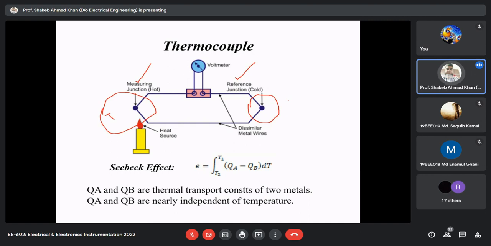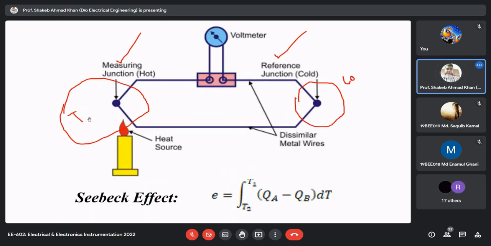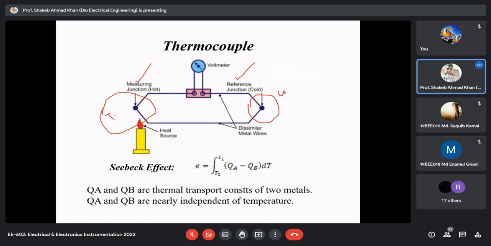When we are using it as a thermal sensor, the requirement for the reference junction is that its temperature should be maintained at a constant value. Here the measurement temperature is unknown, which we are trying to measure with this sensor. As far as the reference junction is concerned, it is maintained at a constant temperature.